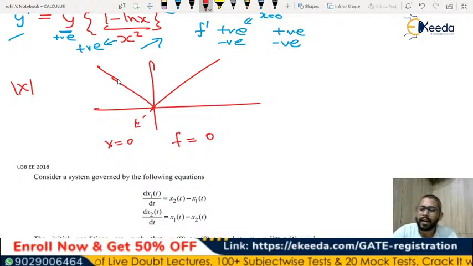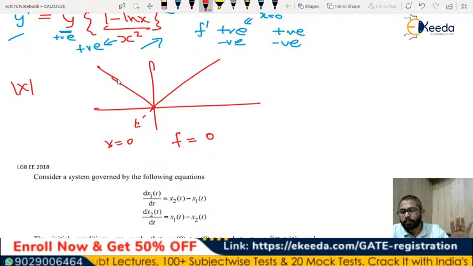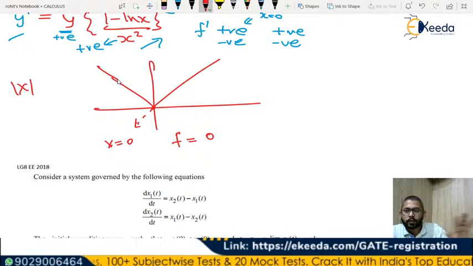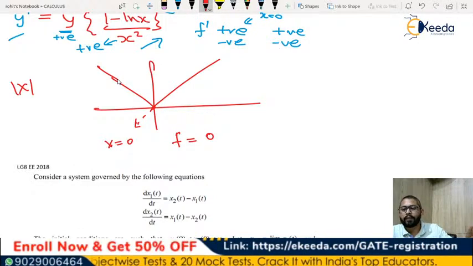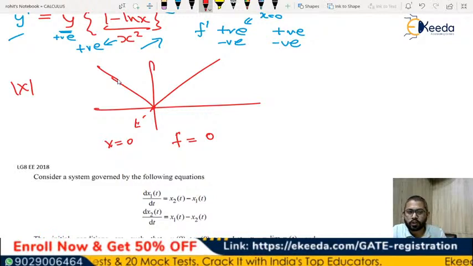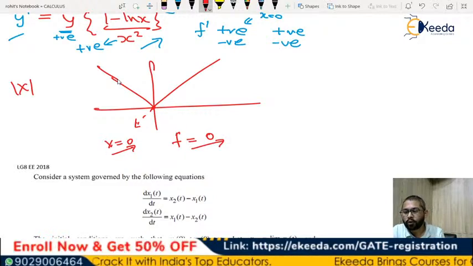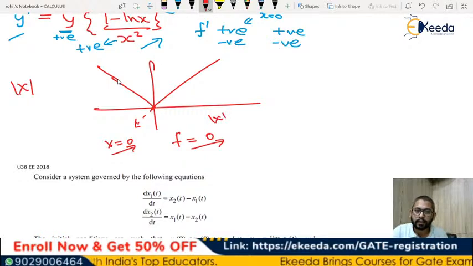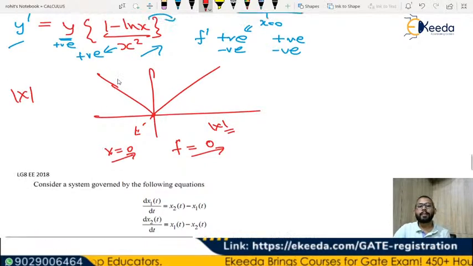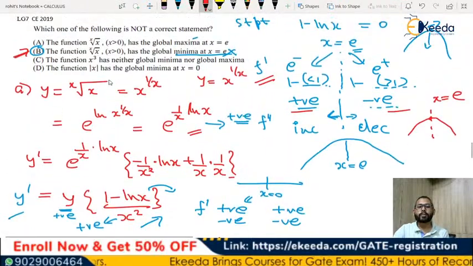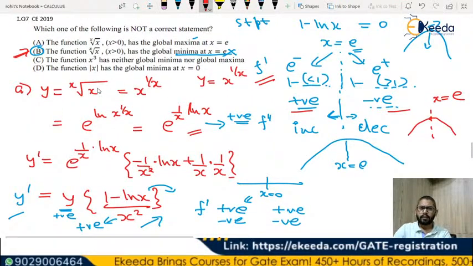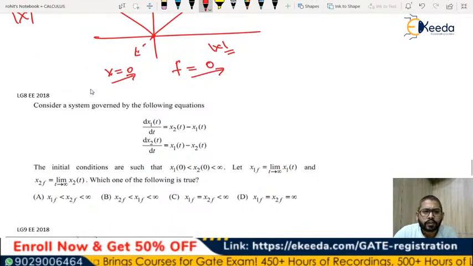So this is the minimum value, overall minimum. If it is overall minimum, you can say it to be a global minimum value, right? So x equal to 0 is a global minima, whereas this is the global minimum value of that function, right? Mod x. So that means C and D are true, only B option was wrong. So let's finish it here and let's move to the next question.